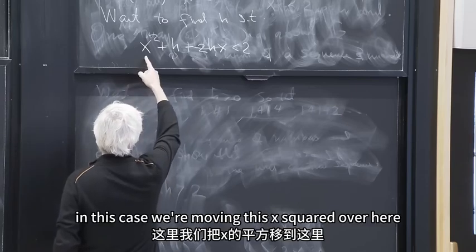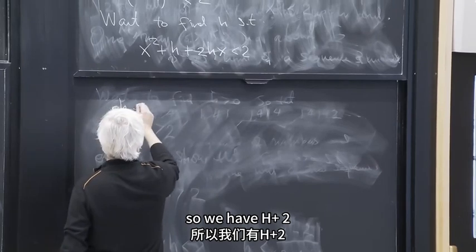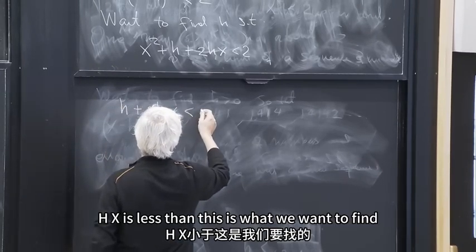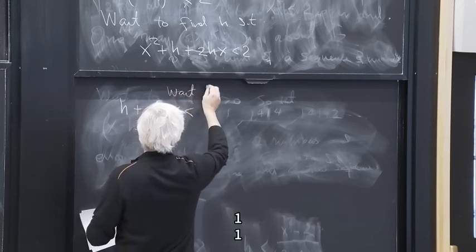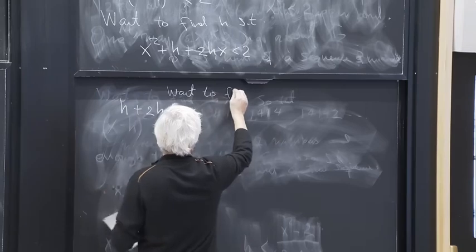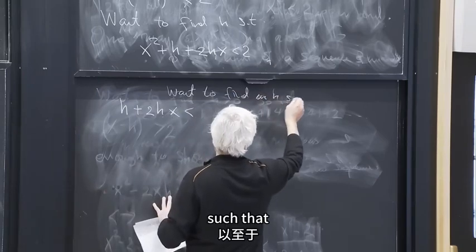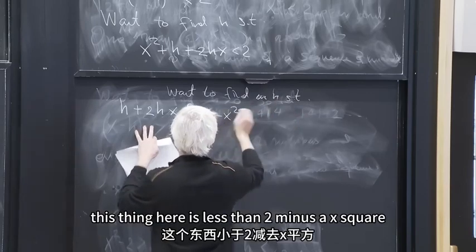In this case, we're moving this x squared over here. So we have h plus 2hx is less than, this is what we want to find, an h such that this thing here is less than 2 minus x squared.